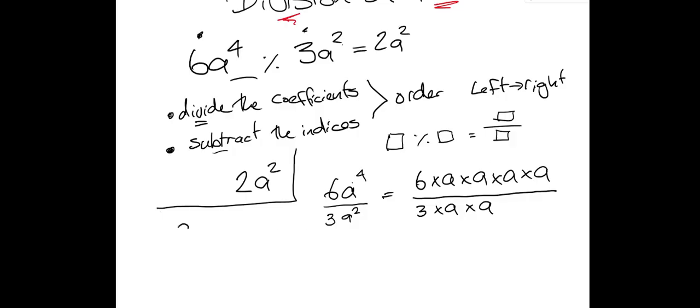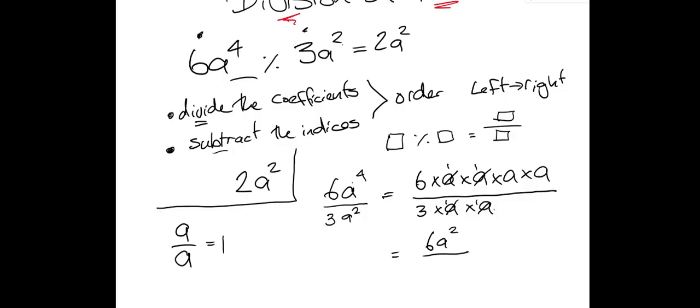Remember that any number divided by itself, with the exception of 0, is 1. When we cancel, these numbers do not just disappear, they just become 1. So a over a is 1. A over a becomes 1. 6 times 1 times 1 times a is 6a squared.